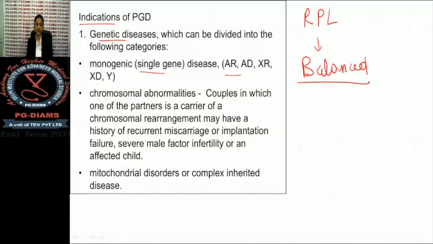These balanced translocations are known to not affect the phenotype of the person, but they affect fertility by increasing the chance of pregnancy losses. In these balanced translocations, suppose this is a 21-14 translocation.